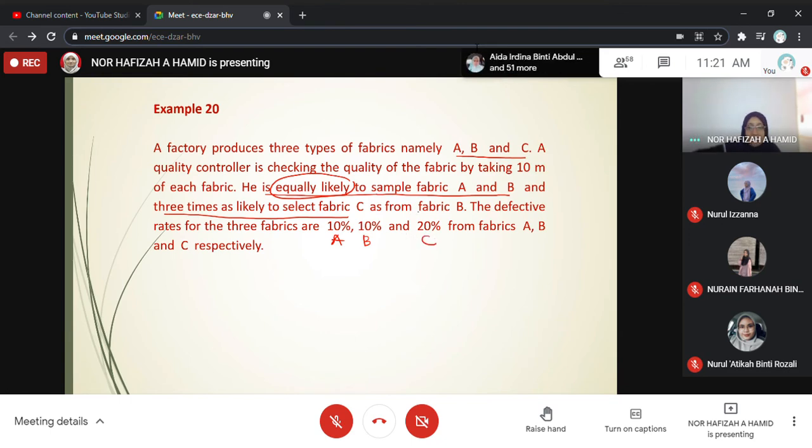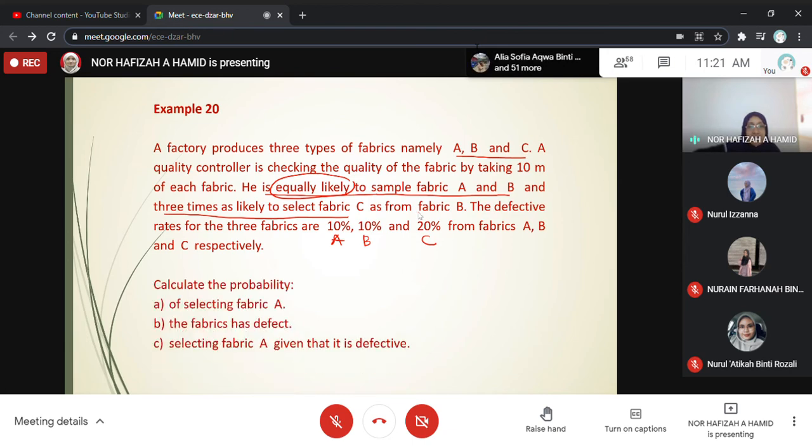So you will refer to the tree diagram. They want the probability of selecting fabric A. Then they want the fabric to have a defect, which means the probability for D, for defect. And lastly, selecting fabric A given that it is defective. There is the phrase given that, so it refers to conditional probability.